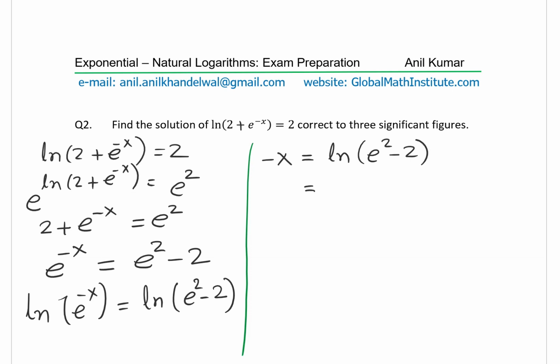So let's take the calculator, find out the answer. So we have e square minus 2, which is 5.389, and we'll take natural log of this answer. And what we get here is 1.684.